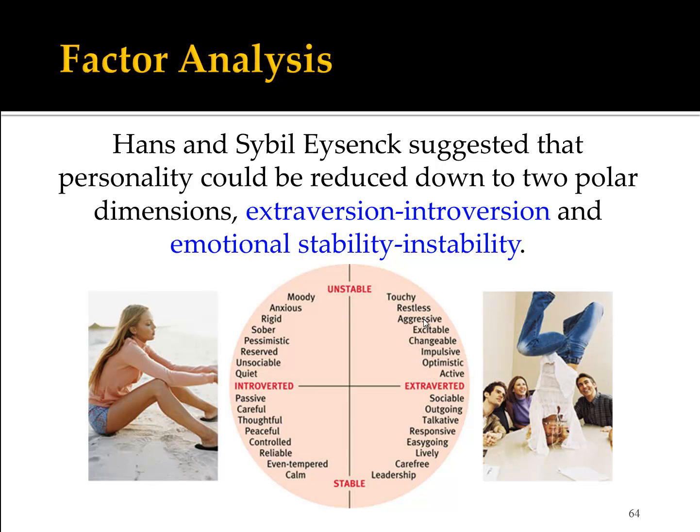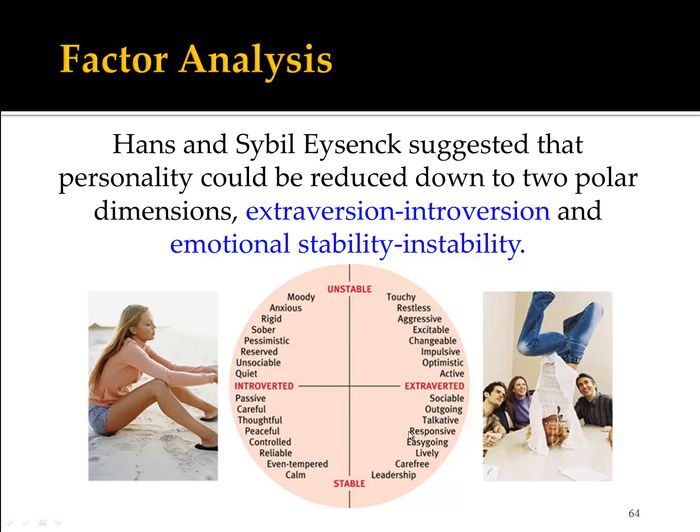And what they did is, in their factor analysis, they found that these traits up here towards the top generally represented more or less unstable characteristics of an individual. These traits down here below the midline identified what we refer to as stable personalities. And then they could be divided up either on the introvert side, these characterizing introversion, and these characterizing extroversion.